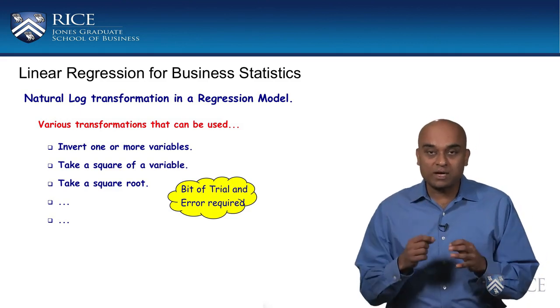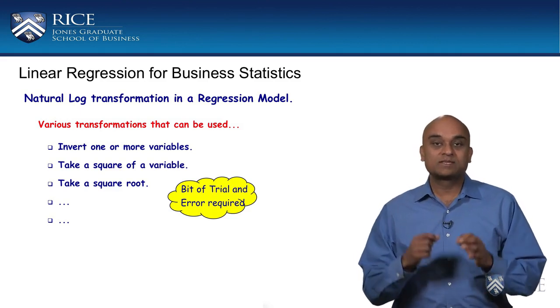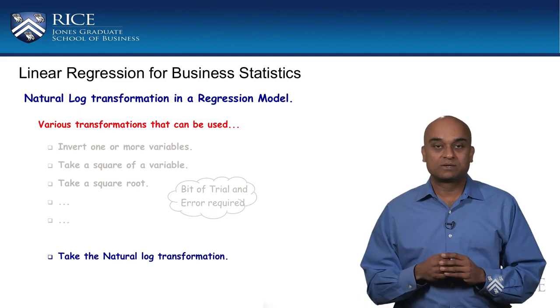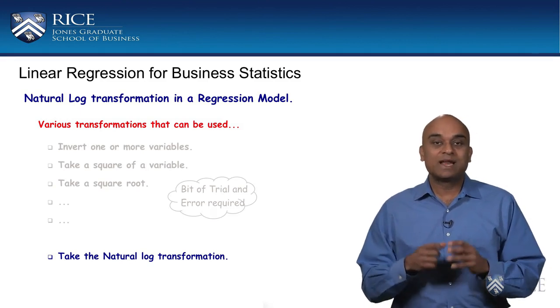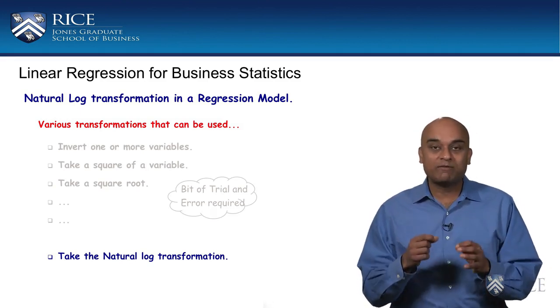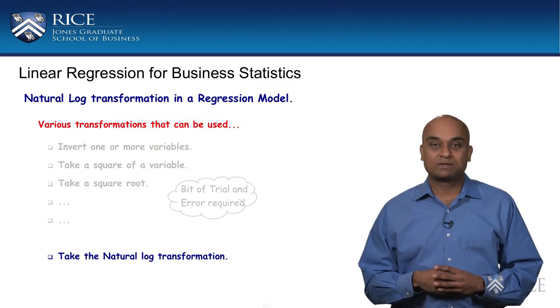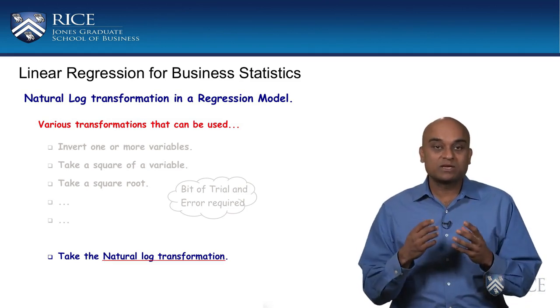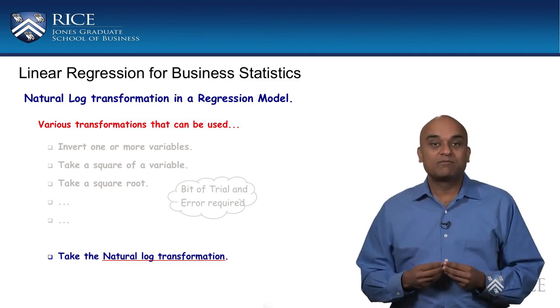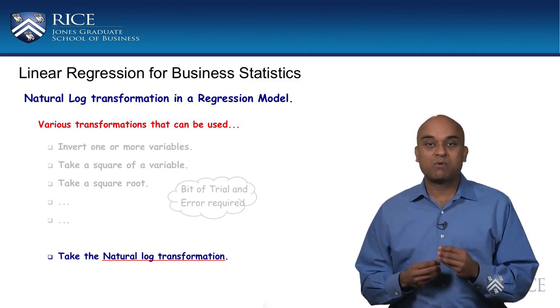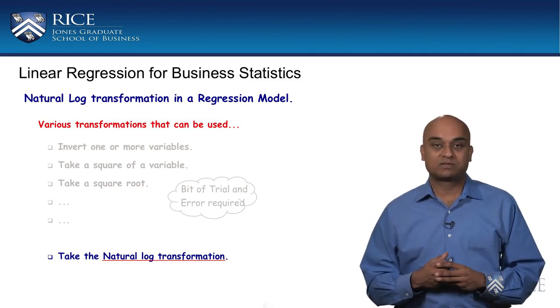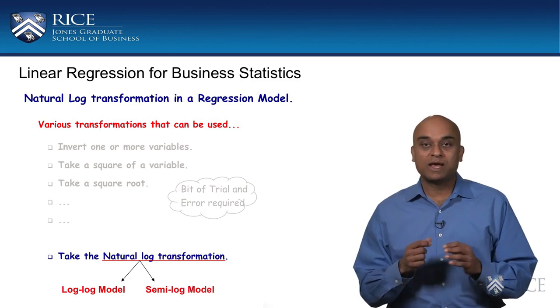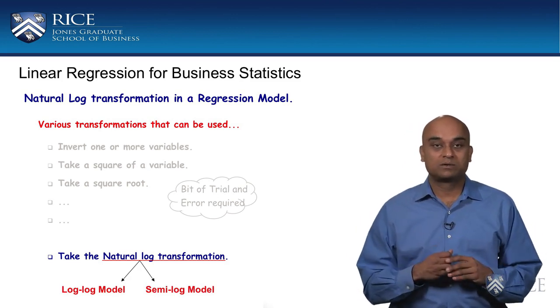The most common transformation, though, is the natural log transformation. You could take the natural log of your y variable as well as the x variable. The natural log transformation is popular enough that we have names for regression models using these transformations, the log-log model and the semi-log model.